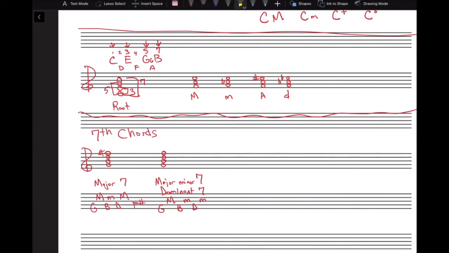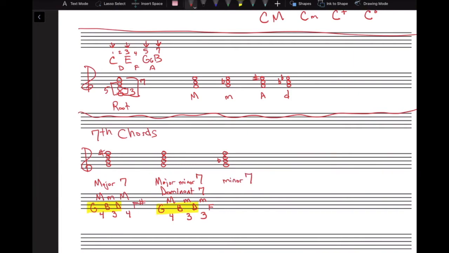Has the same basic triad, but the minor 7th right there. So you have 4 half steps here, 3 half steps, and 4 half steps. 4 half steps, 3 half steps, 3 half steps. These are the patterns. The third type is G, B flat, D, F, minor 7.